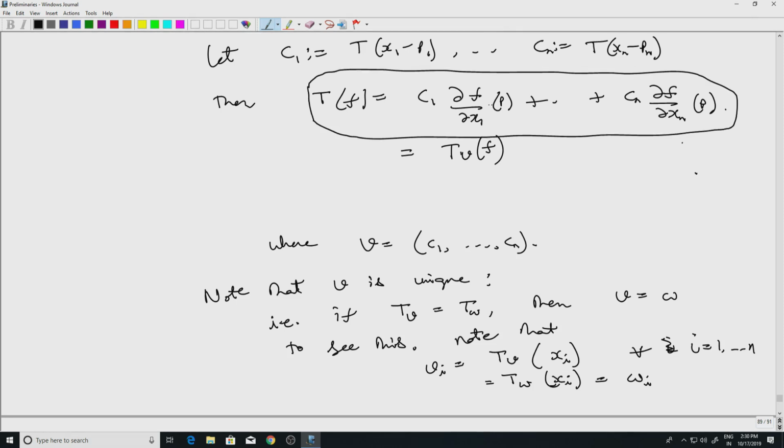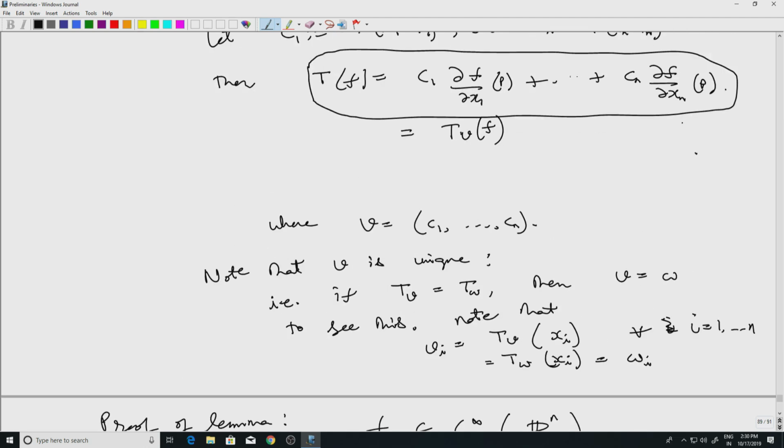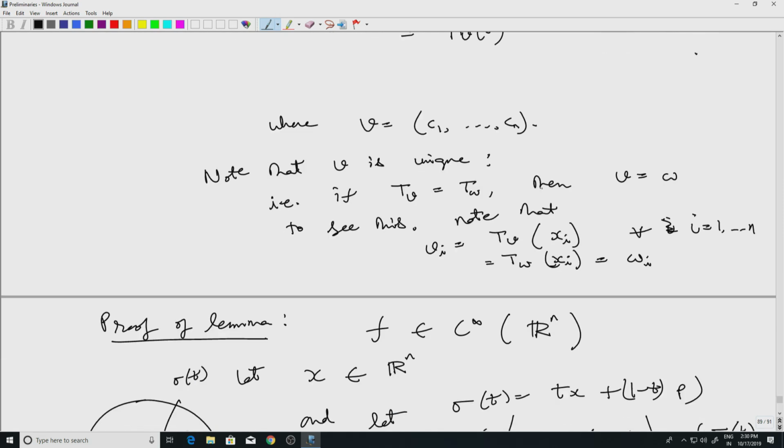If f equals xi, only the ith term will survive, all other partial derivatives will be 0. Therefore, I get the coefficient, and the ith term will be just equal to Ci. So here it's Vi equal to T_V xi equal to T_W xi equal to Wi.